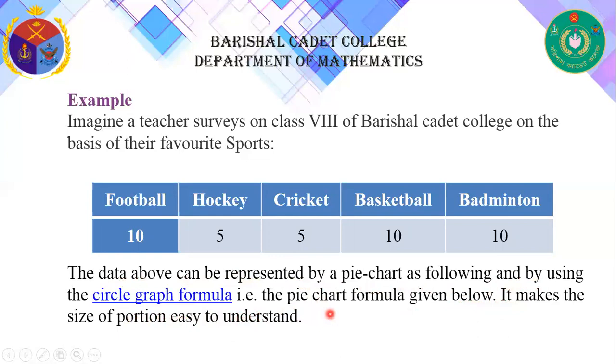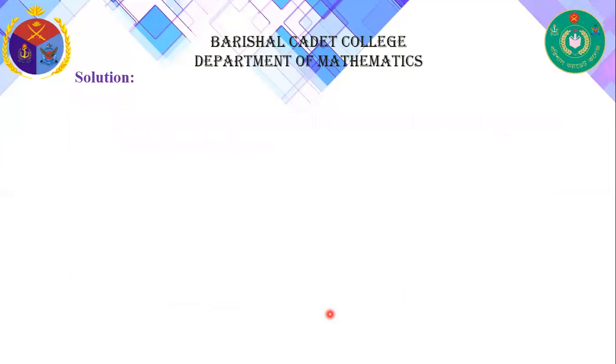And we are going to discuss how to draw a pie chart clearly. Okay, cadets, concentrate well so that you know all the things about how to draw a pie chart. Now, step one, first enter the data into the table.